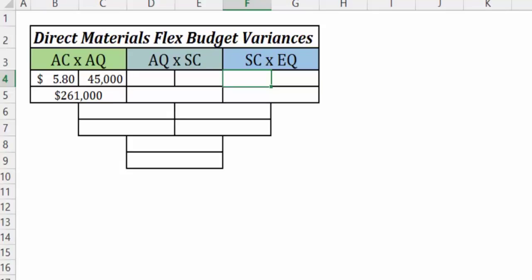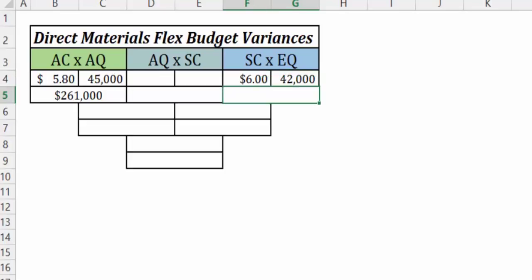This is the standard cost. So our standard cost was $6, and our expected quantity: we made 12,000 suits. We were supposed to use 3.5 yards per suit. So 12,000 times 3.5 gives us 42,000 yards of fabric. That's how much we should have used in making 12,000 suits.